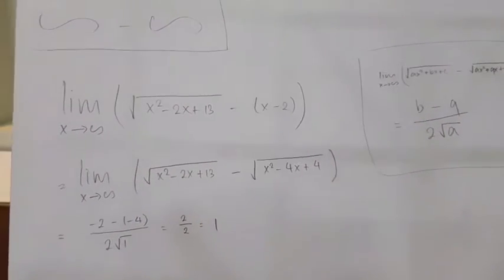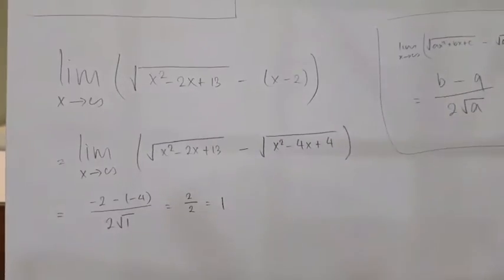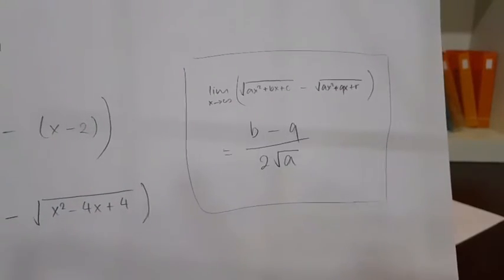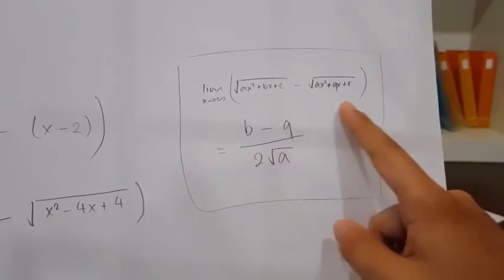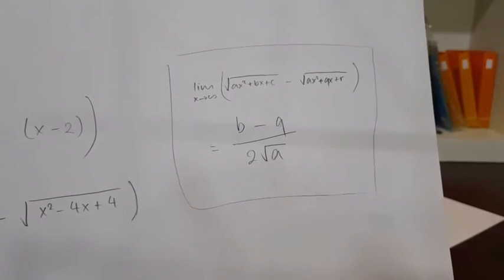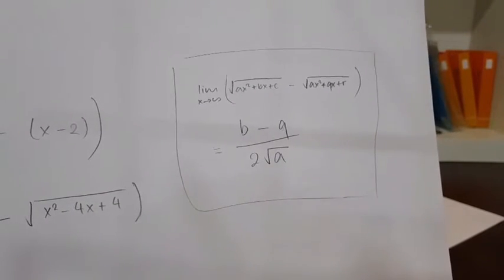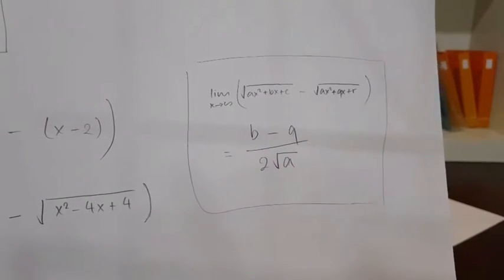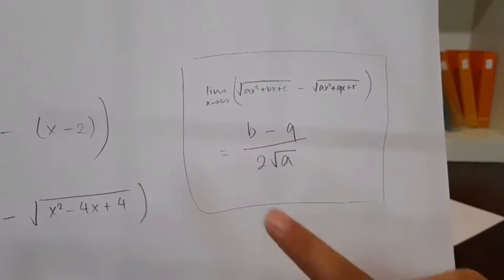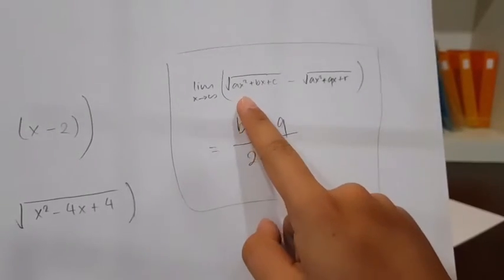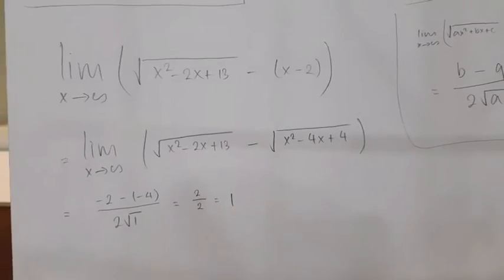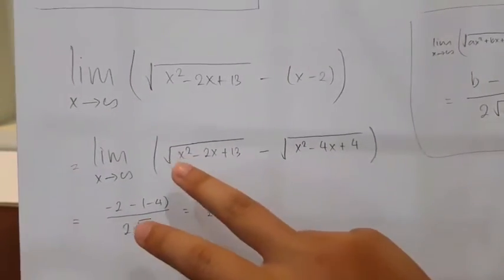And by the way, we have a formula for finishing these sorts of problems: when you have the limit of these two as x approaches infinity, there's already a formula, which is b minus q over 2 times the square root of a. But one thing to note here is that you need to pay attention that these two are the same. As we can see here, we have these two.